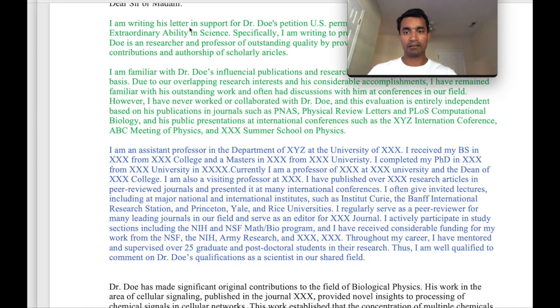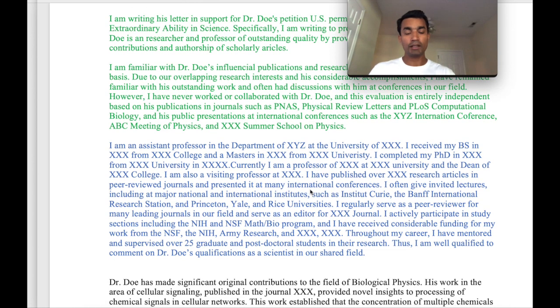After the introductory paragraph, in the second paragraph, they provide information about themselves. Here they would write what their educational background is, what they are doing currently. Are they a professor or a dean or an editor of some journal? What are their own research accomplishments?